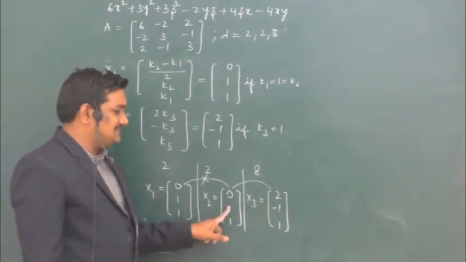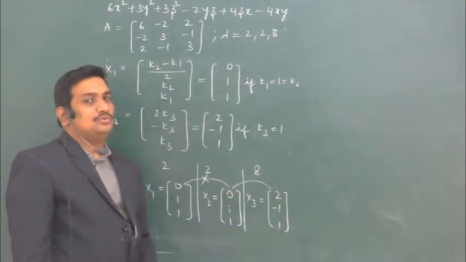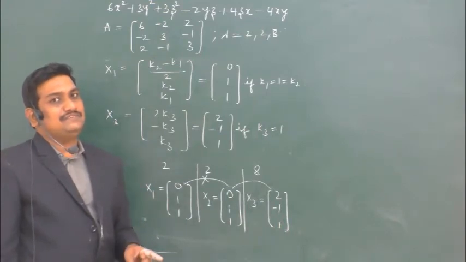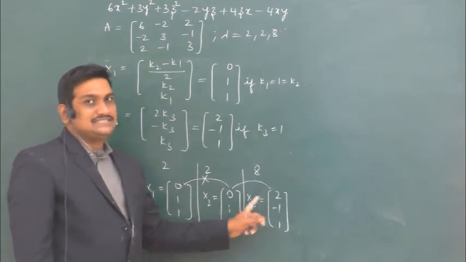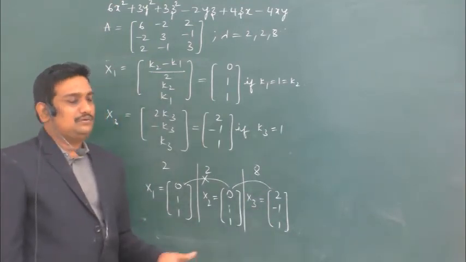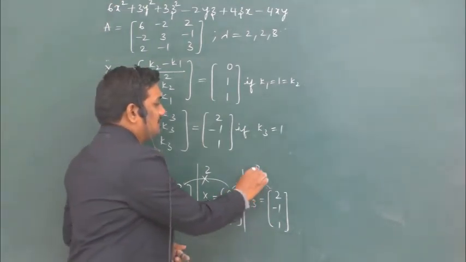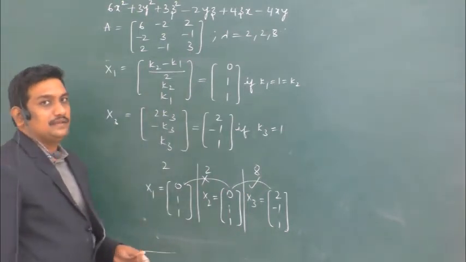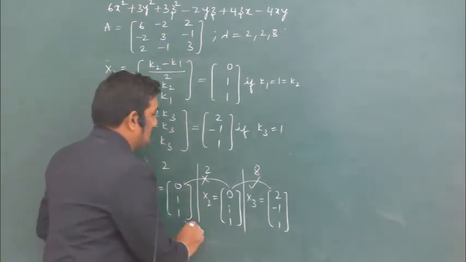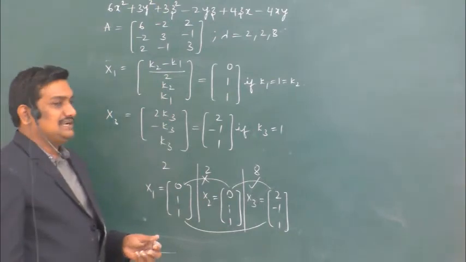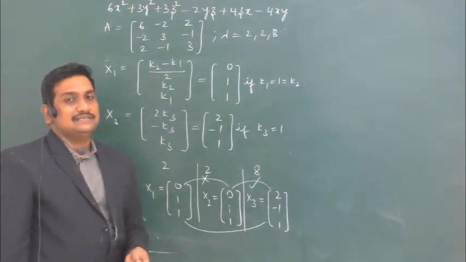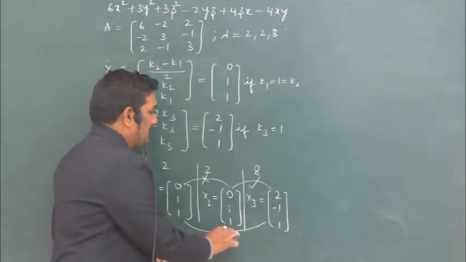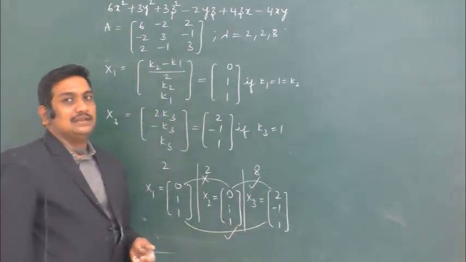That is 0 minus 1 plus 1, it is 0, hence these two are orthogonal. Now apply the condition on the first and last. It will be 0 minus 1 plus 1. The sum is 0. Hence 1 and 3 are also orthogonal.